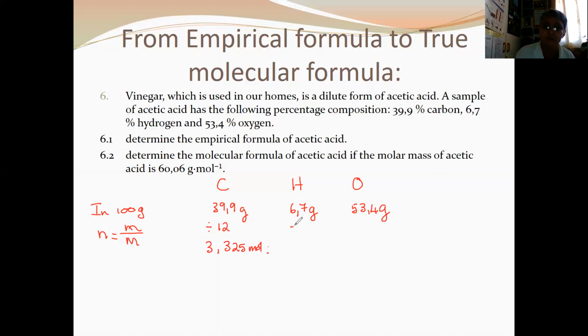Hydrogen is divided by 1, so it gives us 6.7 mole. And oxygen is divided by 16, so 53.4 divided by 16 gives me 3.3375, which I can round to 3.338 moles. To change these to integers, you divide by the smallest.